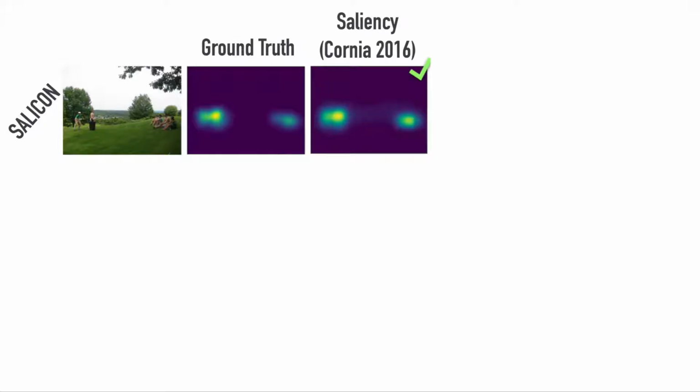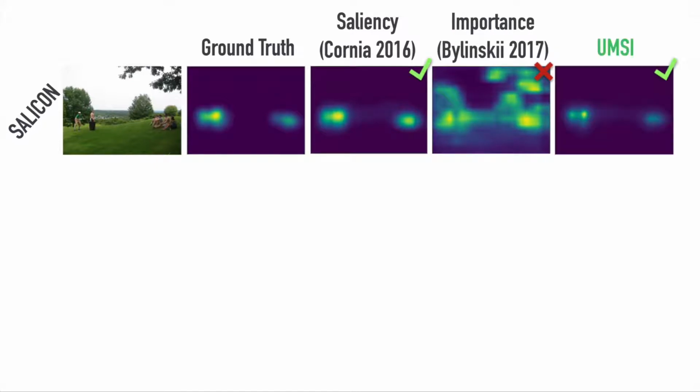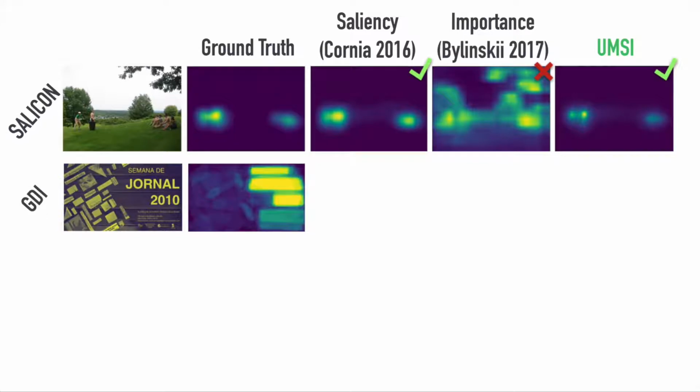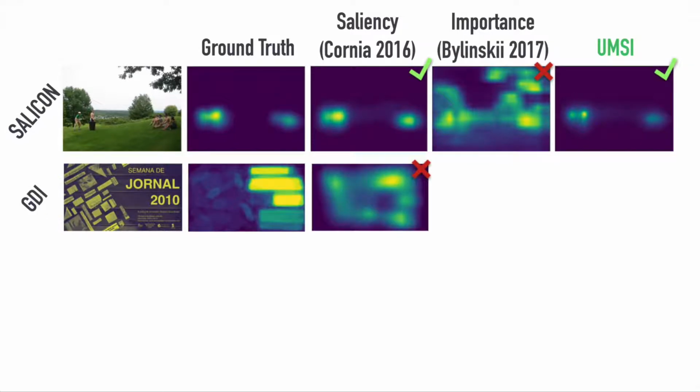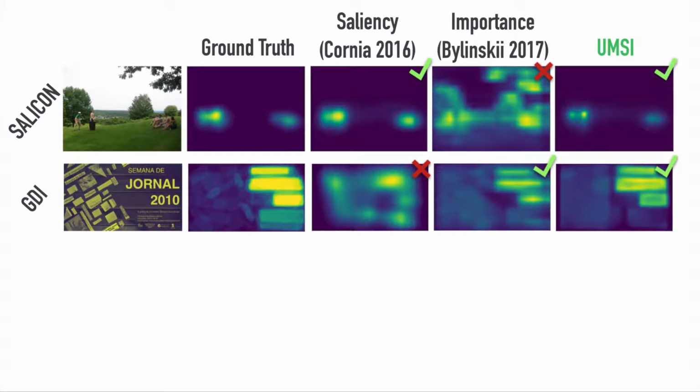Where a state-of-the-art saliency model works well for such images, an importance model trained on graphic designs does not, but UMSI performs favorably. On a graphic design importance dataset from prior work, natural image saliency models cannot generalize, and while the prior importance model does well, UMSI outperforms these predictions.